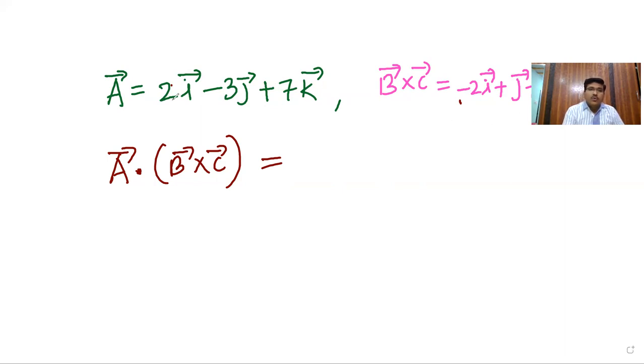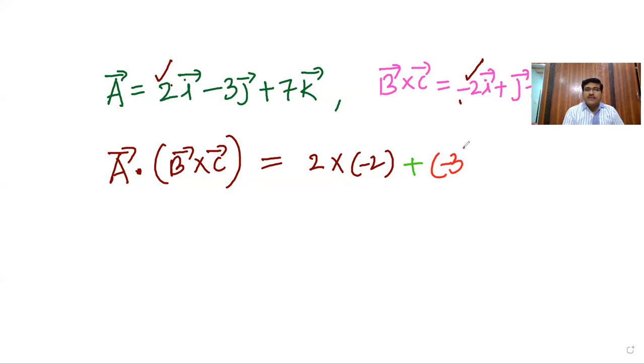Clear? Now 2 into minus 2, coefficient here is okay, plus what is this coefficient? -3. J's coefficient is -3.